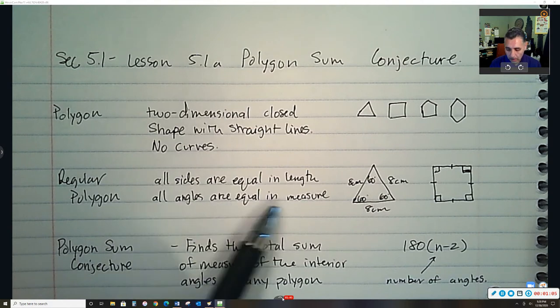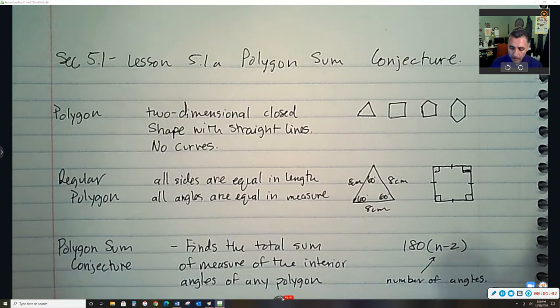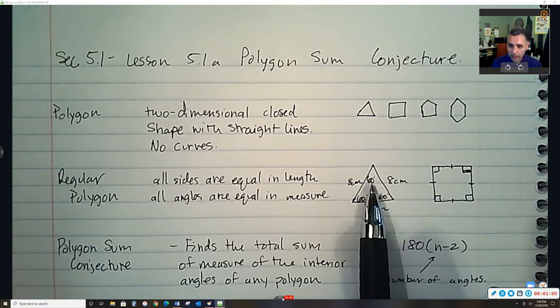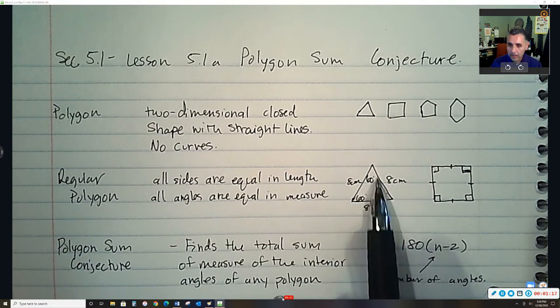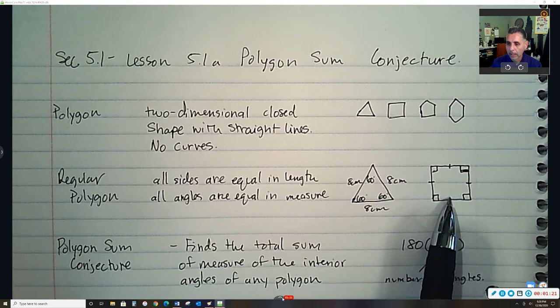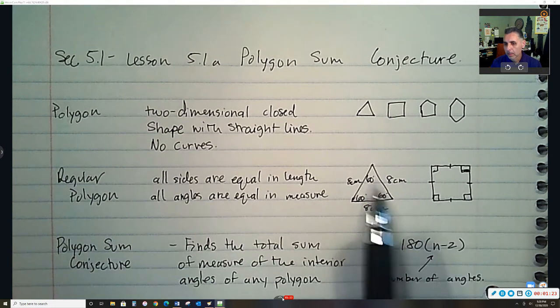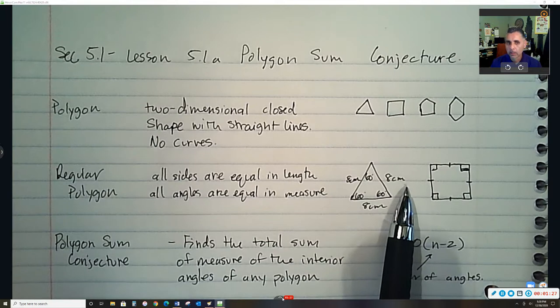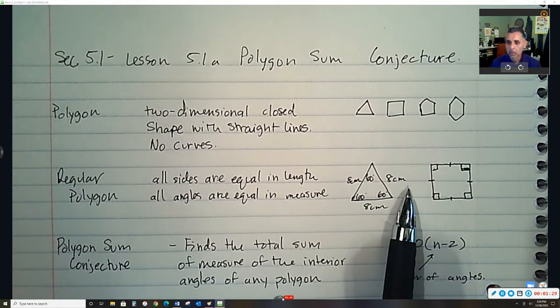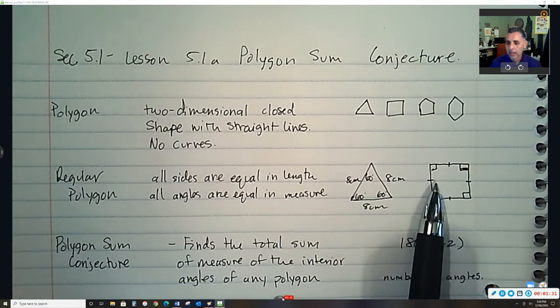Okay, and I put two different examples here, where you have a triangle and each angle is 60 degrees, so all the angles are equal, and each side length is 8 centimeters, so all the sides are equal. And I made another diagram over here because sometimes they don't have to give us the measures to let us know they're equal. Remember, we can use markings on the diagrams that tell us they're equal.